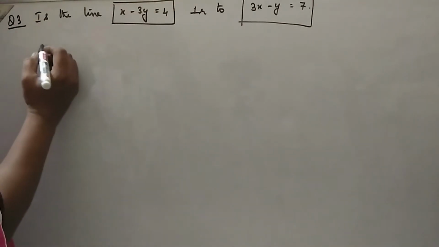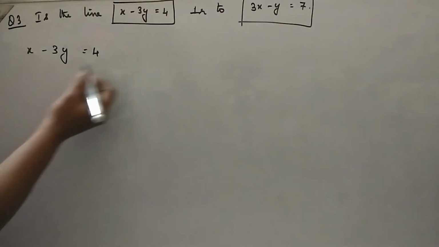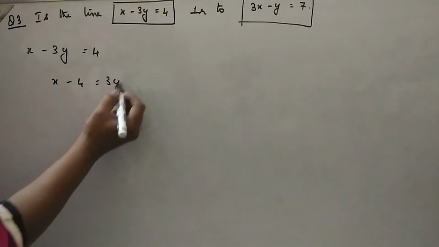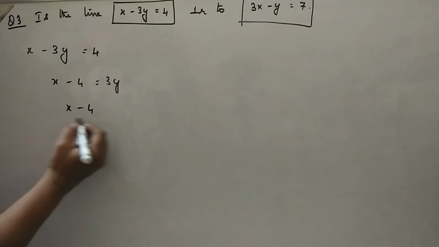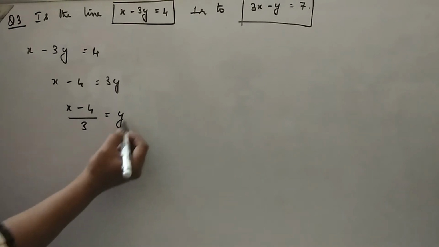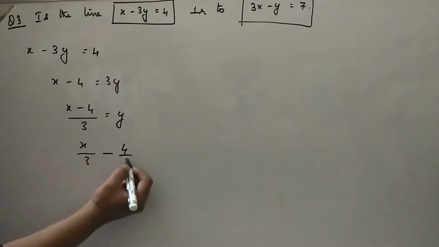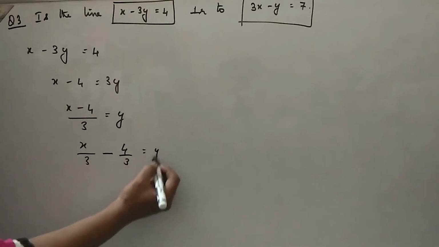So, first you take x minus 3y is equal to 4. Then, x minus 4 is equal to 3y. Then, y is equal to x minus 4 upon 3, that is x upon 3 and minus 4 upon 3 is equal to y.